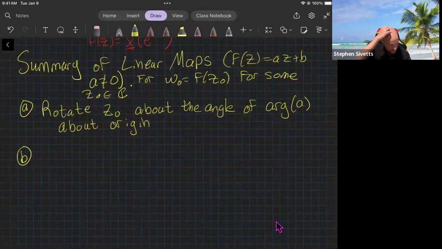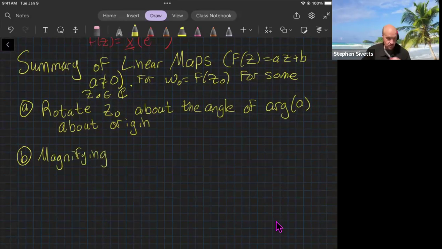That's how you deal with rotations. Two, magnifying points. In other words, shrinking or stretching points. You can magnify the result by the modulus of a.